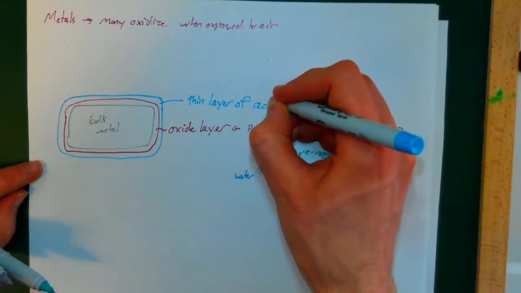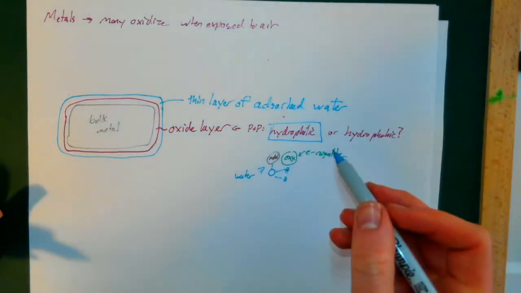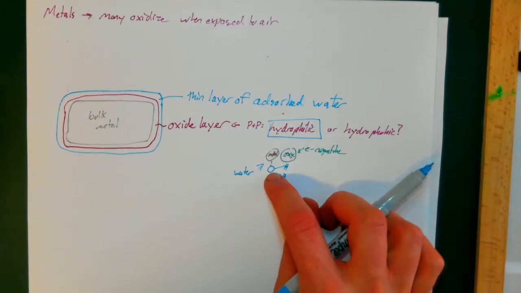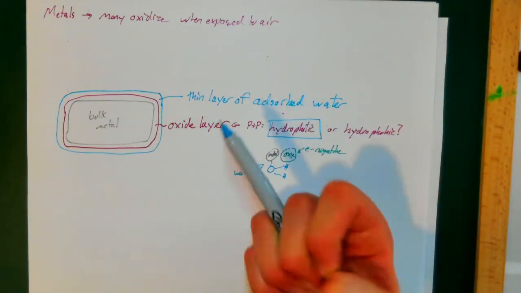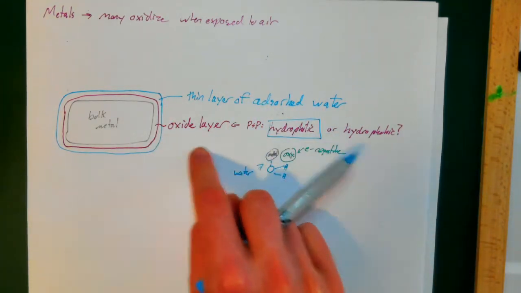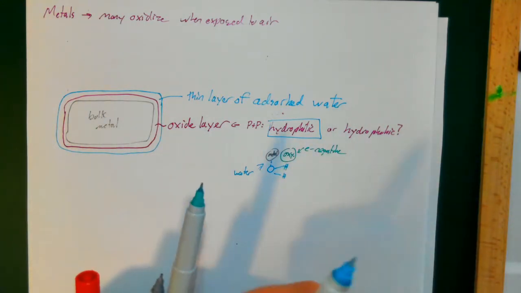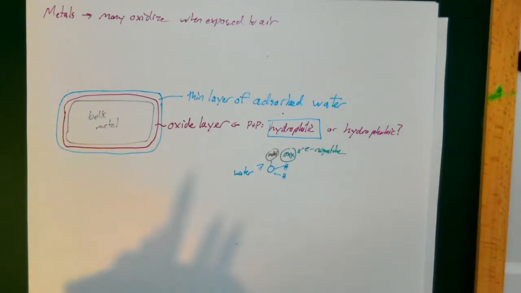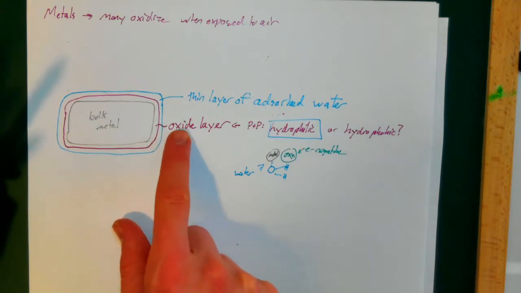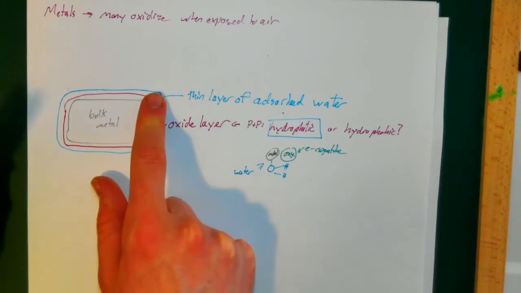That's because this oxide layer is so hydrophilic that sometimes it can actually pull water vapor out of the atmosphere and deposit it onto this surface. So that's how hydrophilic that oxide layer can potentially be. We have bulk metal underneath, then an oxide layer due to the unavoidable chemistry, and the oxide layer is so hydrophilic that water can even come out of the atmosphere to adsorb to it.